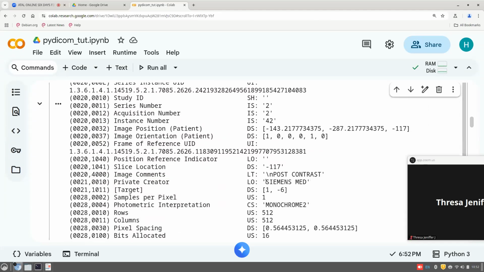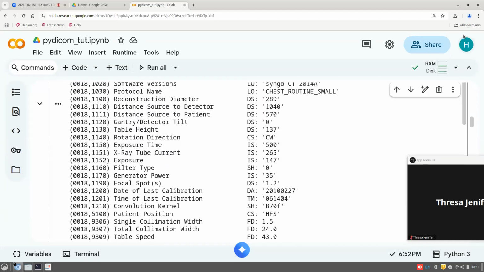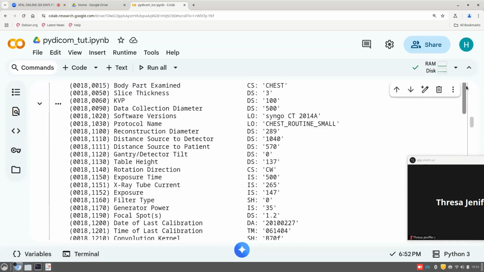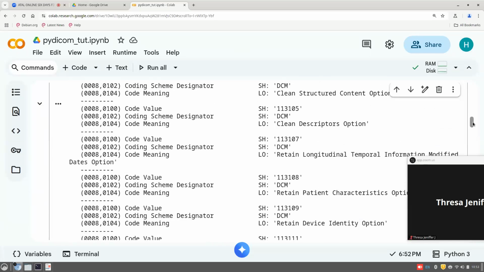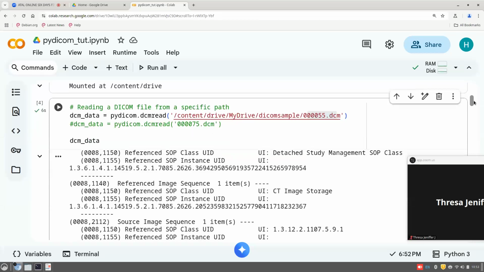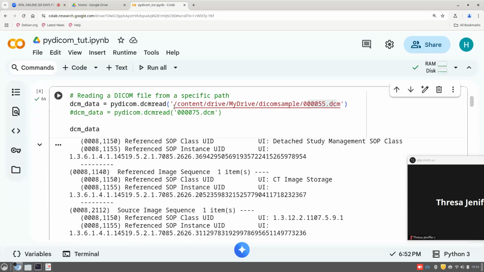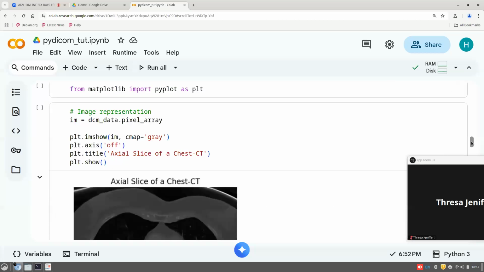So this was taken by using a Siemens machine, and all this information related to the image will be stored in this dcm_data variable in the form of tag value pairs.